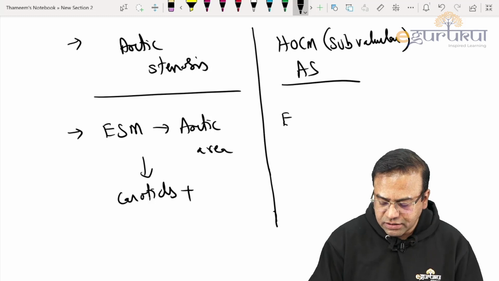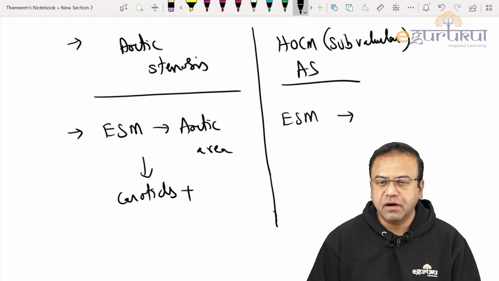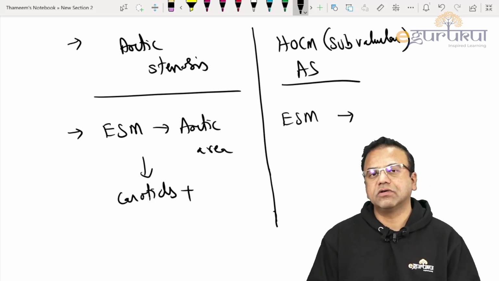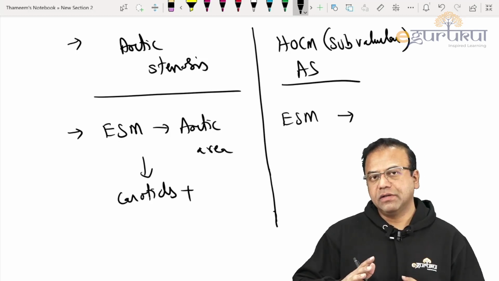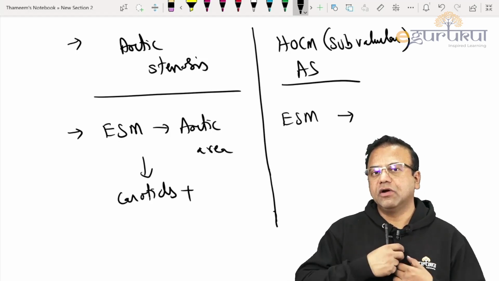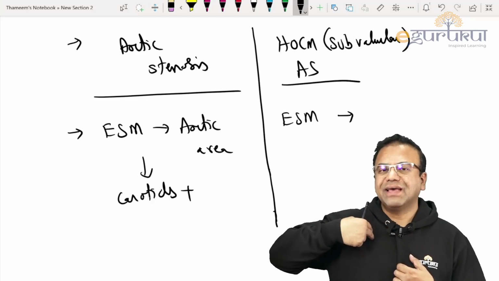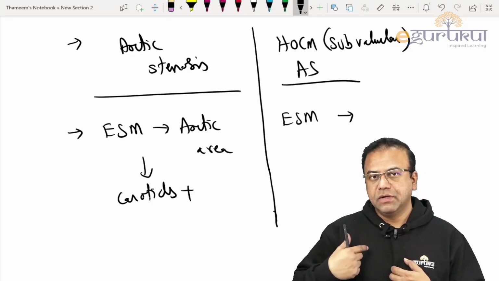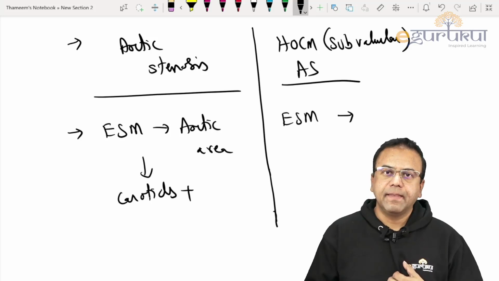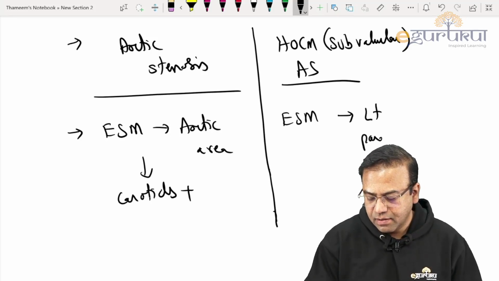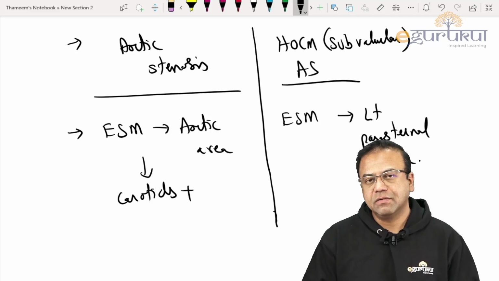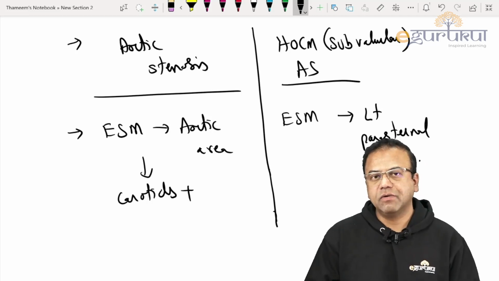However, if you get an ejection systolic murmur that is better heard in the Erb's area, this is the third intercostal space on the left of the sternum, whereas ideally you expect the murmur generated from the aorta to be heard in the second intercostal space on the right of the sternum. So right of the sternum is the aortic area, but we are getting the murmur in the left parasternal area, which is also referred to as the Erb's area, and the murmur is loudest over there.